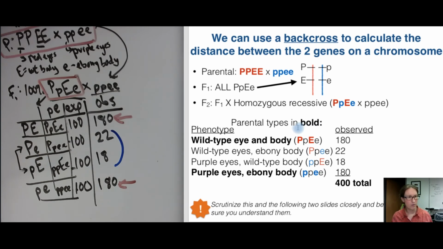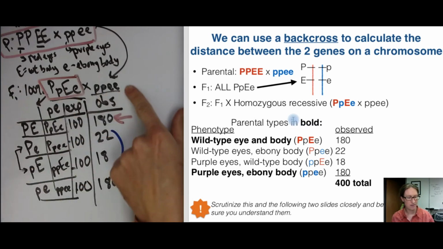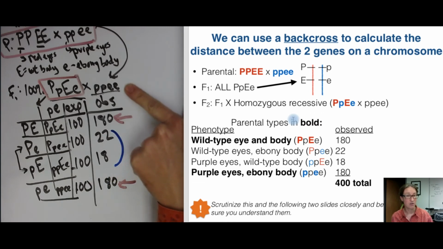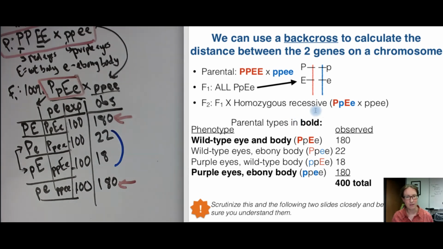And we can use the type of backcross that I'm showing you here to calculate the distance between two genes on a chromosome. So in this little cartoon here, I'm trying to show you the same thing that I just illustrated through the other chromosomes, right? So if I cross big P, big E with little p, little e, then my F1s have chromosomes that look like this cartoon here. So I have big P, big E chromosomes, little p, little e chromosomes.